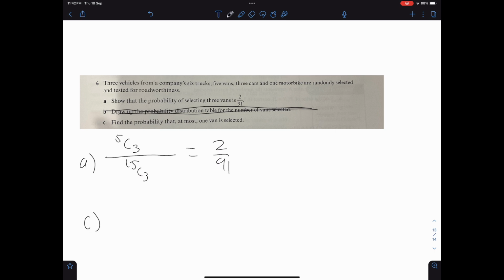And then, okay, C, find the probability that at most one van is selected. So what I would do is just do probability that 0 or 1 vans are selected. So if you choose 0, alright, you've got 15 total, get rid of the 5 vans, you're left with 10. And you want all of those, for the 3 vehicles selected to come from those 10, because you don't want any vans.